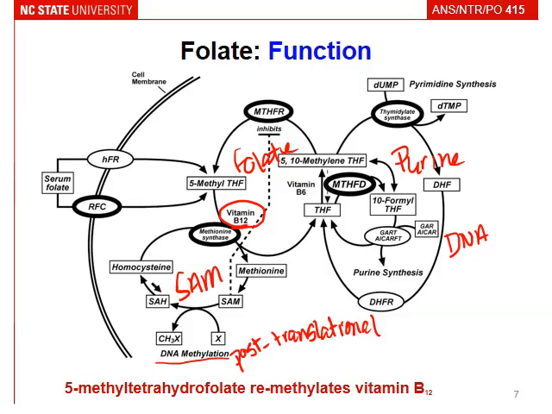The enzymes that are darkly circled are methionine synthase, RFC, which is a transporter of folic acid into the cell, and then MTHFD, MTHFR, which is the reductase, the dehydrogenase, and thymidylate synthase.